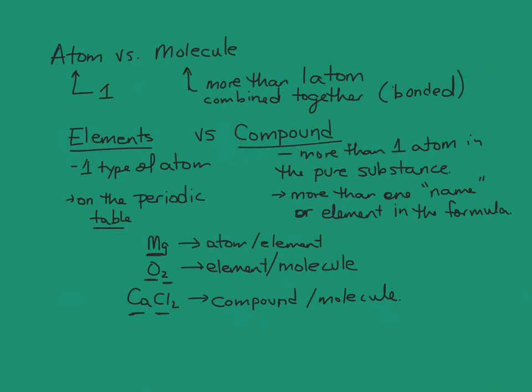So let's look at elemental things, okay? If we're looking at an element, we think of it as a flow chart. So let's start. Is it an element or is it a compound? If it's an element, we'd say, yes, it is.